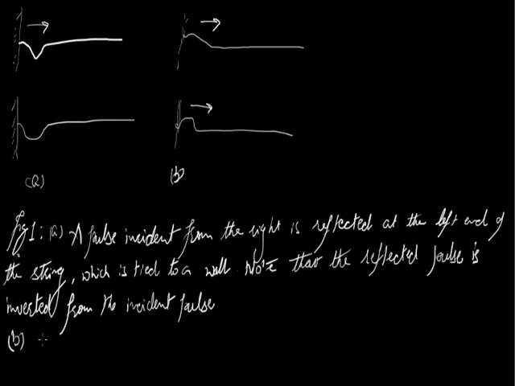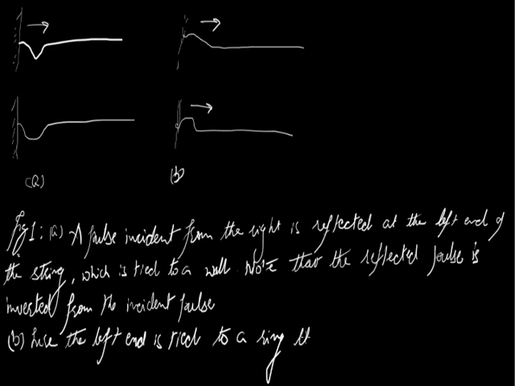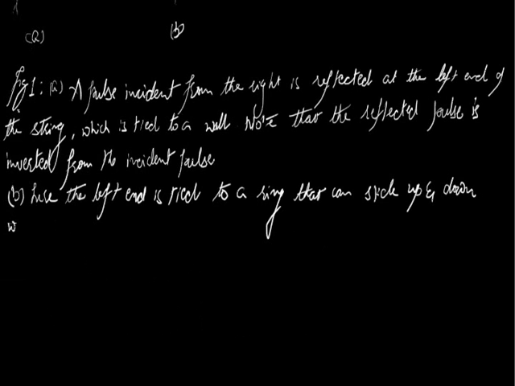Here, in case of B, the left end is tied to a ring that can slide up and down on a rod without friction.